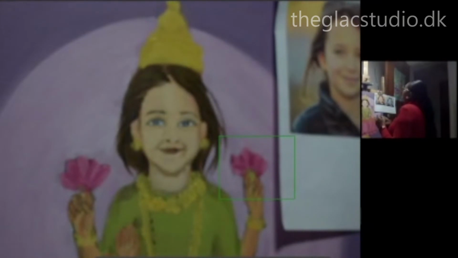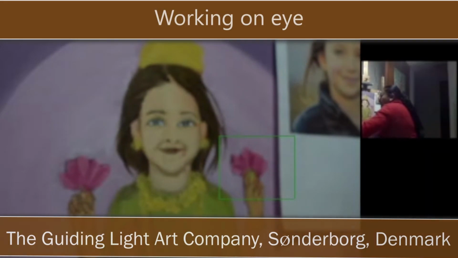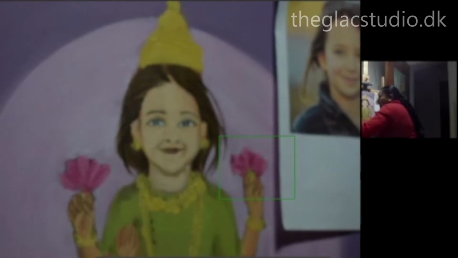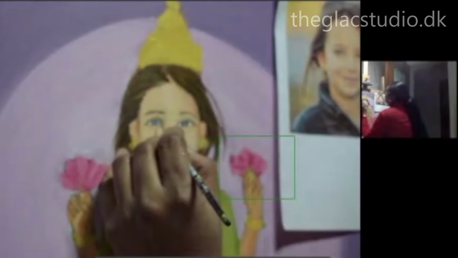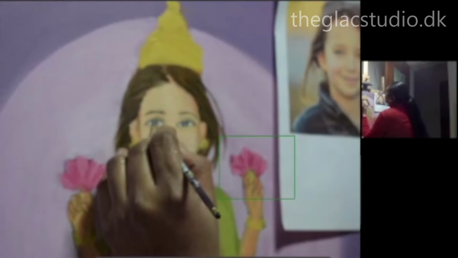I'm going to take this color, the ivory black mixed with burnt umber, to in a zero brush, very very small one, to go ahead and do her eyes.